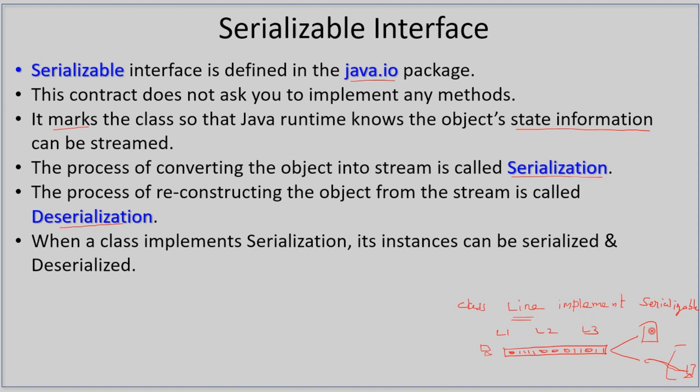And if the data is stored to disk, at a later point of time the same application or some other application can read this content and recreate the objects. To perform this streaming, we implement Serializable.